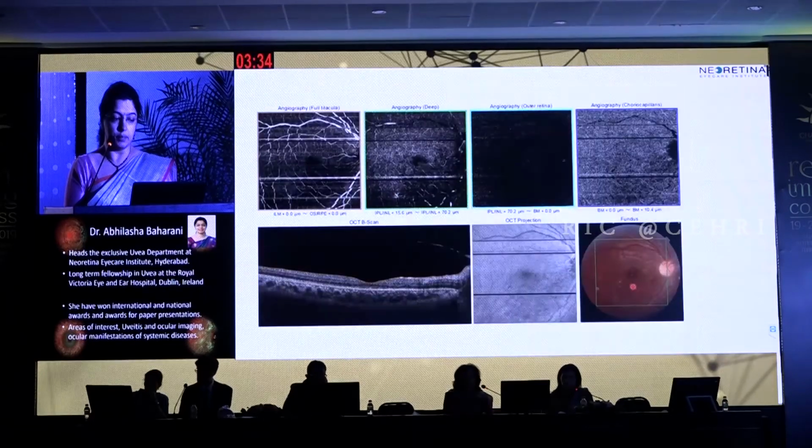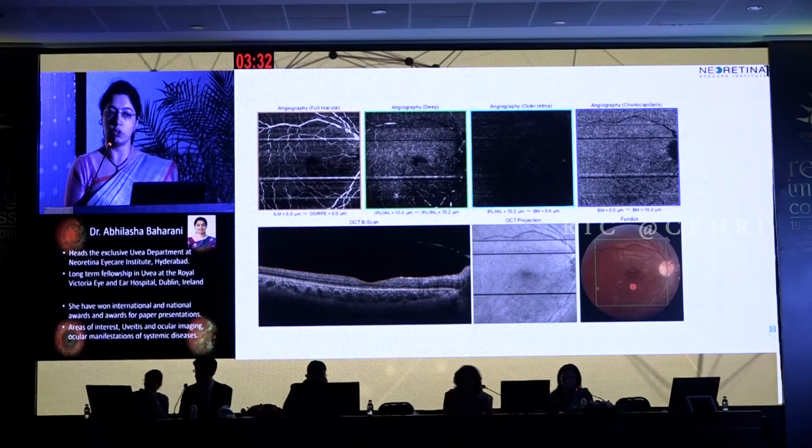Now, this feature has also been described in West Nile virus retinitis. And this is my patient, the same patient, where you see there is rarefaction of the superficial capillary plexus and disorganization of the deep plexus with distortion of the avascular zone.